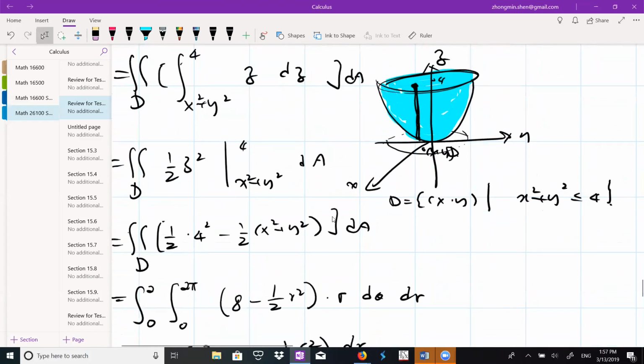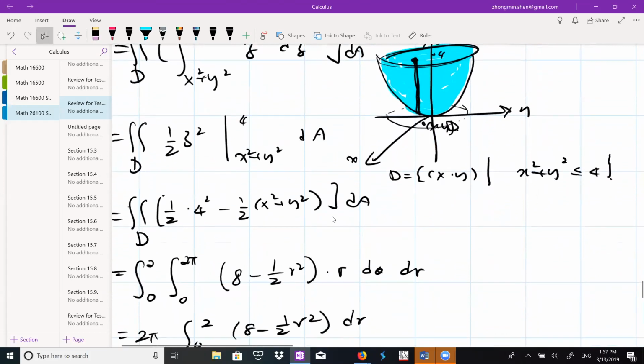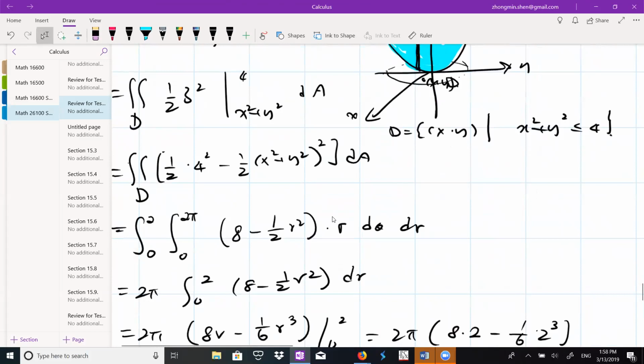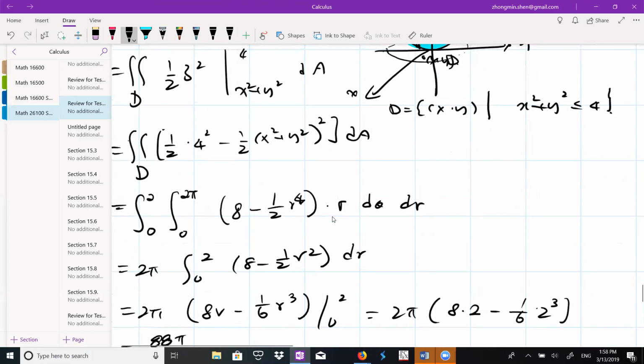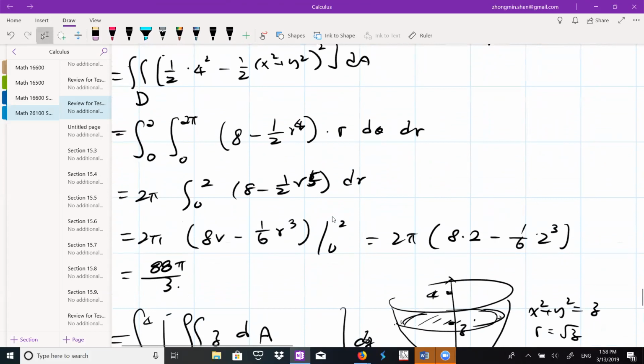Okay. Yeah, I think there was a computation mistake here. So z squared, when I plug in x squared plus y squared, I have to square it. That's a problem. Okay, so that's where it's from. Where's the mistake here? So this will be 4 squared. Okay, when I multiply this up, this will be fifths. Okay, and then that will be 6.